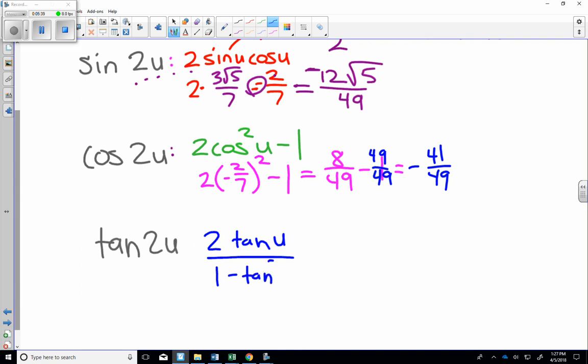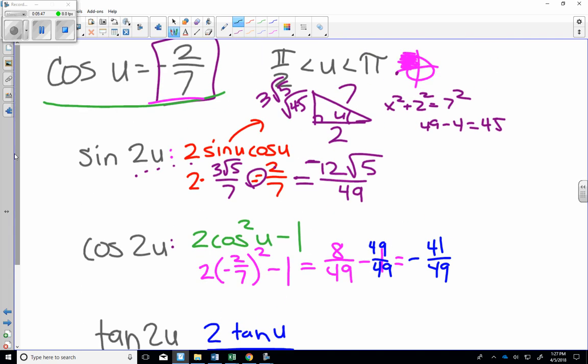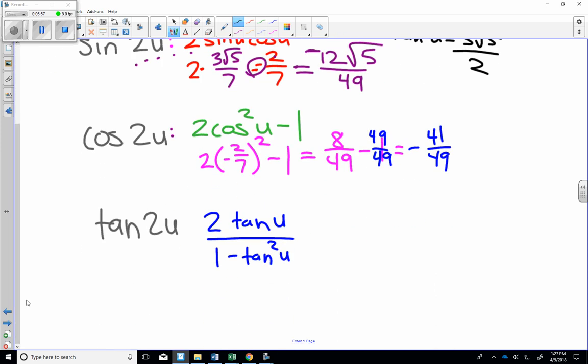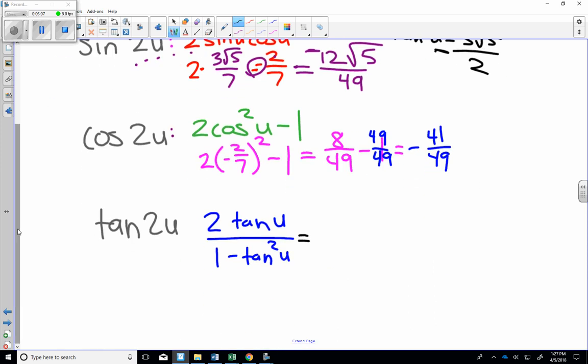Then here we go with tangent of 2u, which is 2 tan u over 1 minus tangent squared of u. So let's see. Tangent from our right triangle then is going to be 3 square root of 5 over 2. So tangent of u is 3 square root of 5 over 2. And it should be a negative, because in this quadrant tangent is negative, I should say.